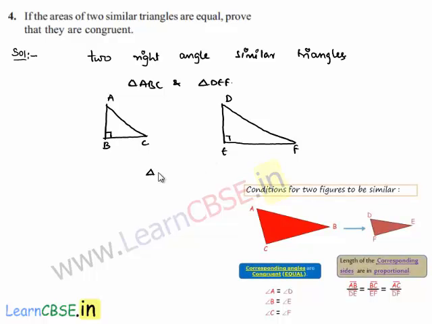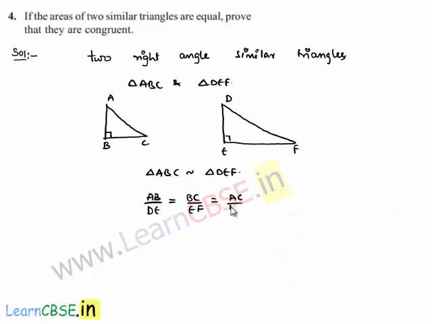Now, as triangle ABC is similar to triangle DEF, we can write corresponding sides in proportion, that is AB by DE is equal to BC by EF, that will be equal to AC by DF.